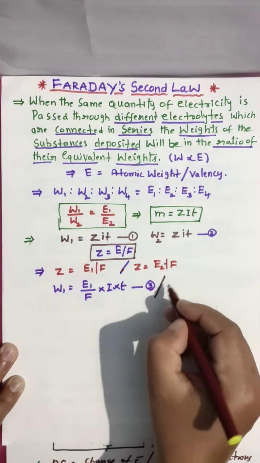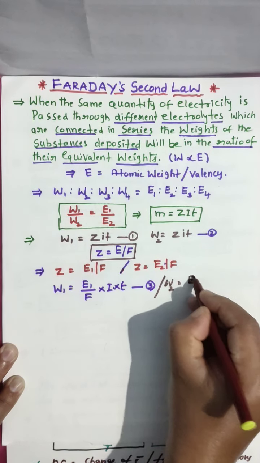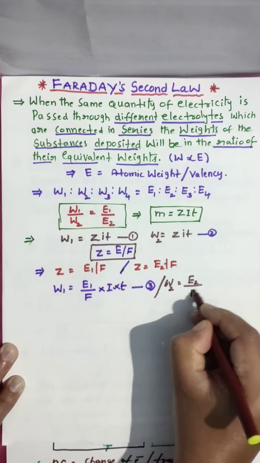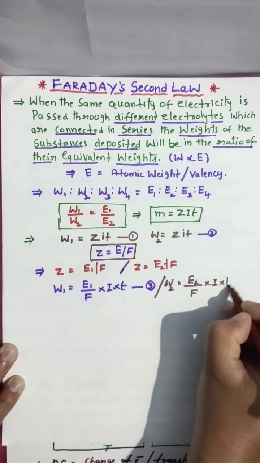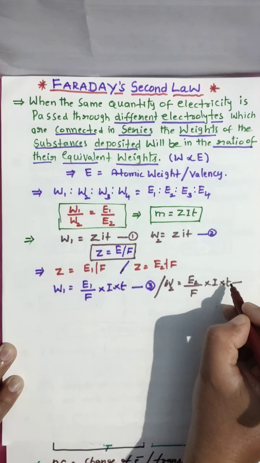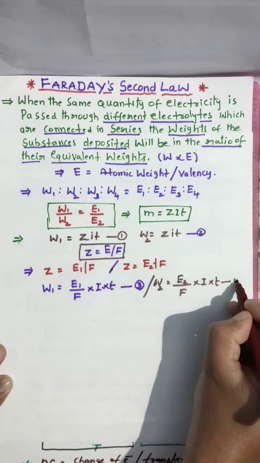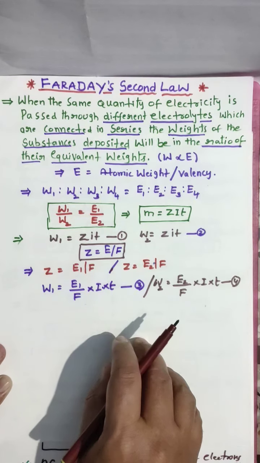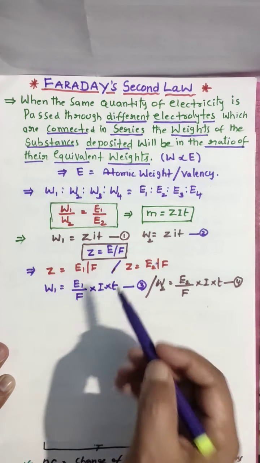And same, W2 equal to E2 upon F into I into T. You take this as 4. Clear? Now we got 4 equations.